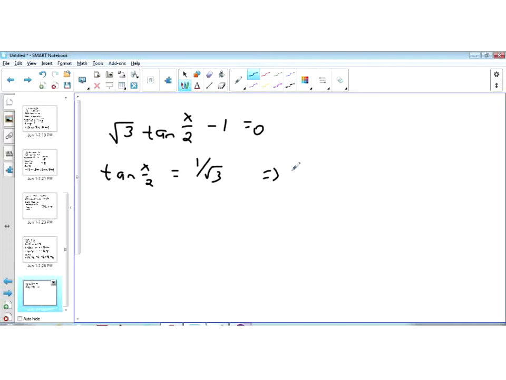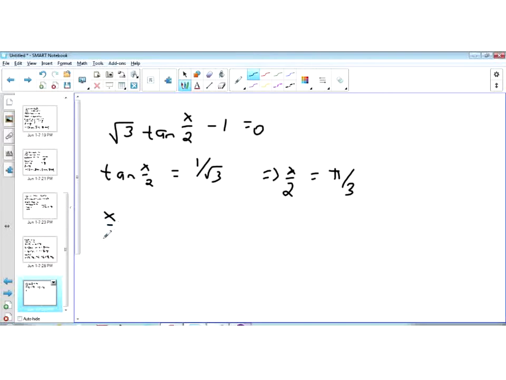Okay, and so if you've got your table memorized from, say, chapter 2, this would imply x over 2 is equal to pi thirds. And if you need convincing, just take sine of pi thirds over cosine of pi thirds, and you should get 1 over the square root of 3.